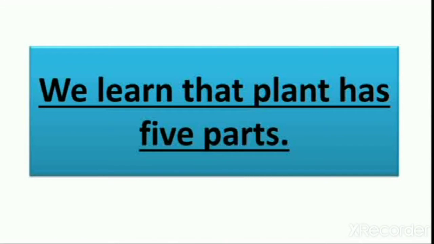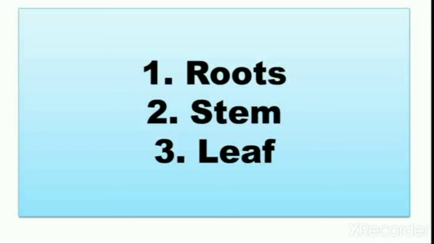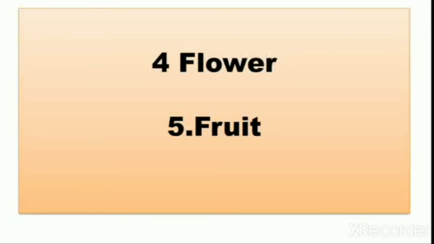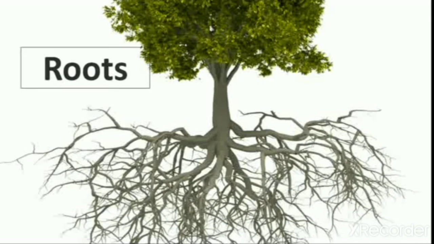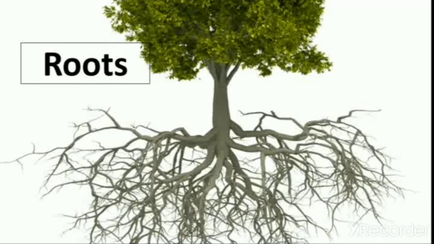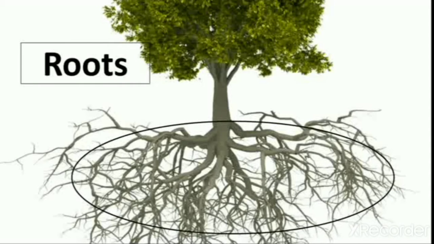We learn that plant has 5 parts. Which are they? Roots, stem, leaf, flower and fruit. Let's see the picture of that. It is a root. You can see the roots.